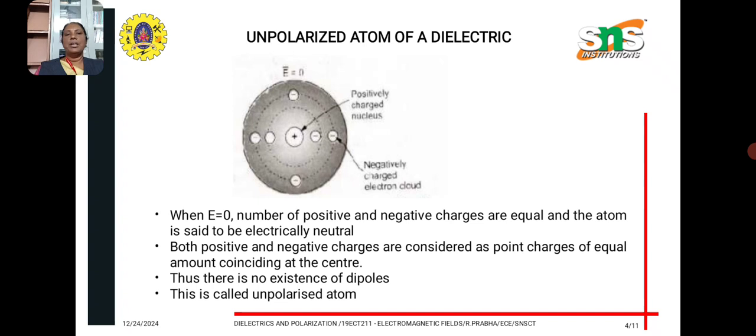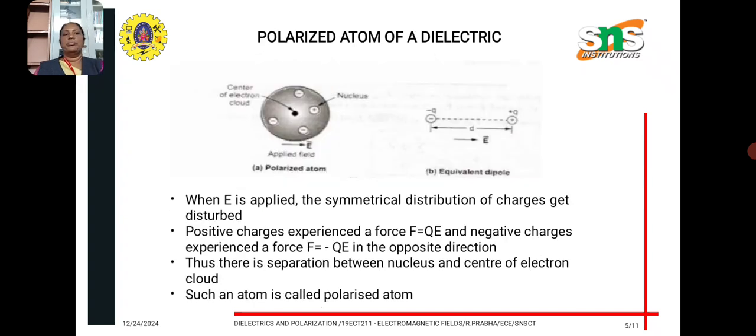Both positive and negative charges are considered as point charges of equal amount coinciding at the center. Thus there is no existence of dipoles. This is called an unpolarized atom.